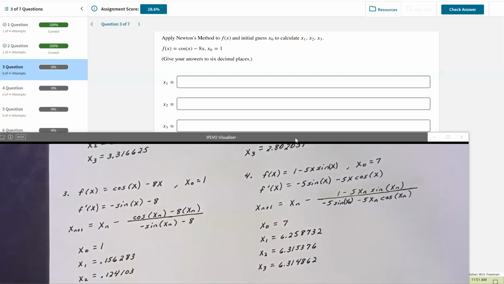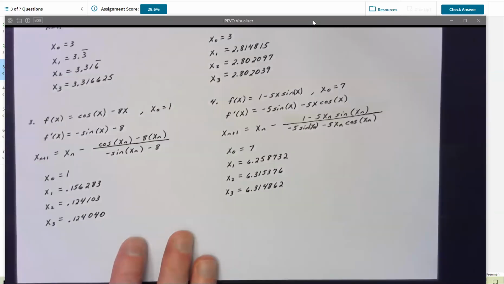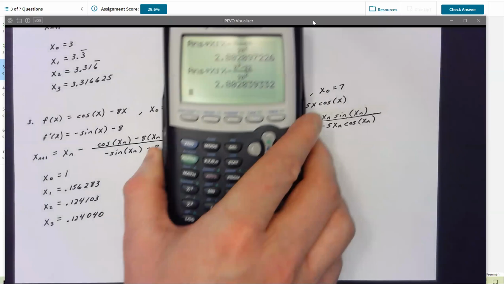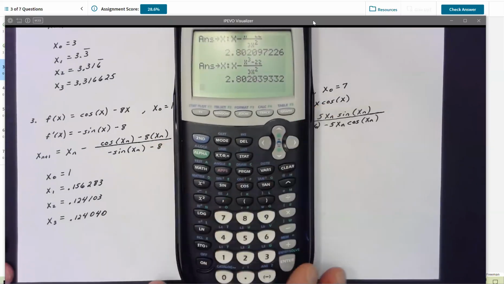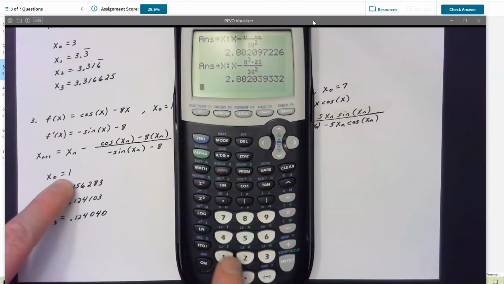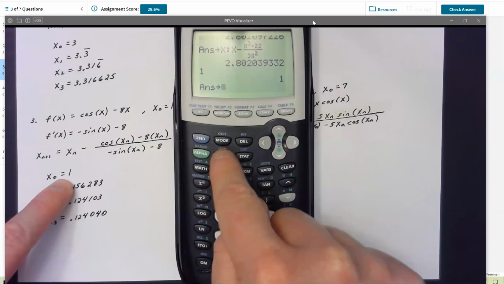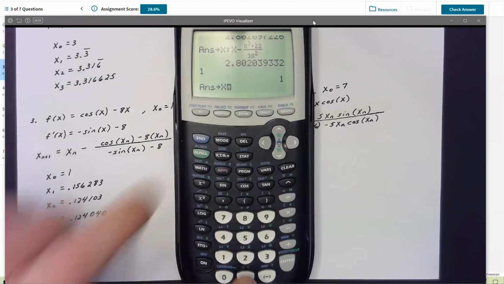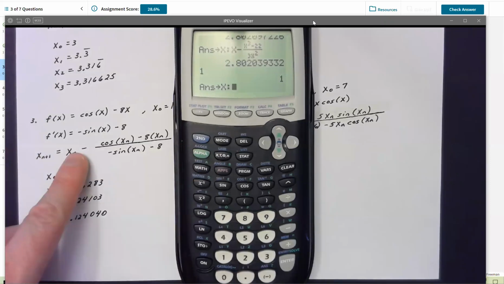And again, I'll bring this up to show you how we would do that on the calculator. So I'll say, okay, calculator helping in this part of the problem, the initial guess is 1. I need to make sure 1 is in as an answer on my calculator. Now I need to store that answer in as X, hit colon, then type in Newton's method.